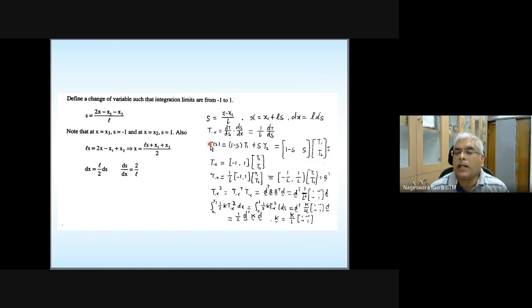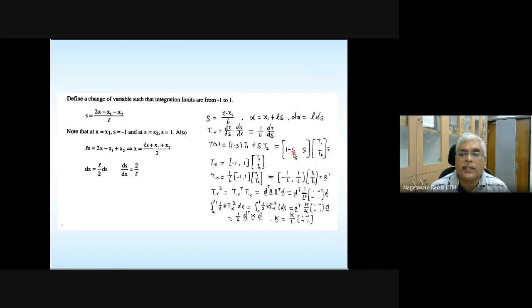Here t can be written as n1 t1 plus n2 t2 or n transpose d. N transpose is defined as this one, like this. And everything here is written in terms of the s coordinate system, because we are going to change the limits of integration.